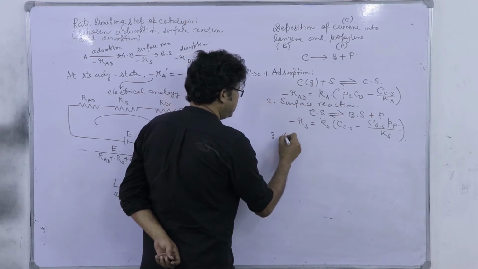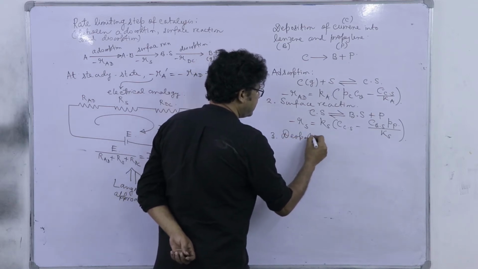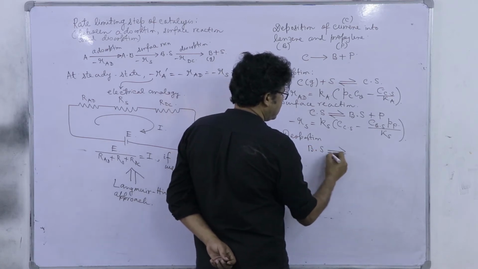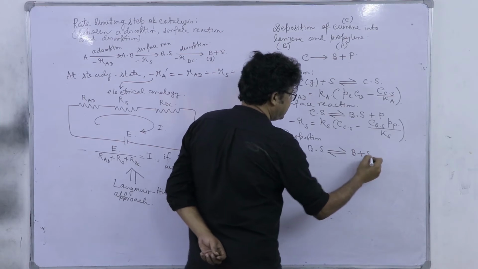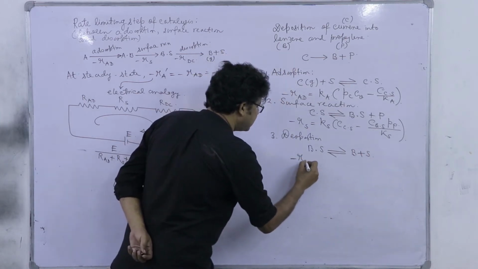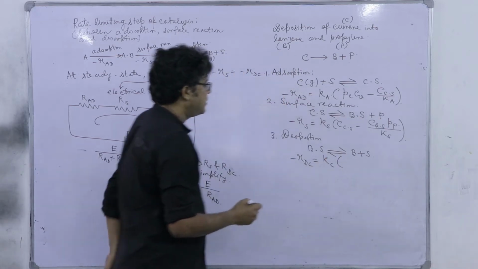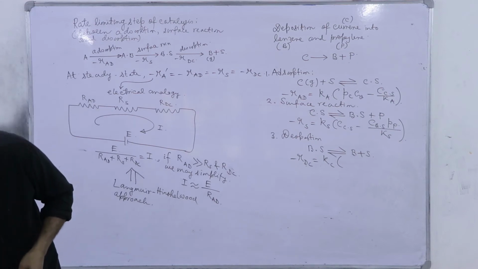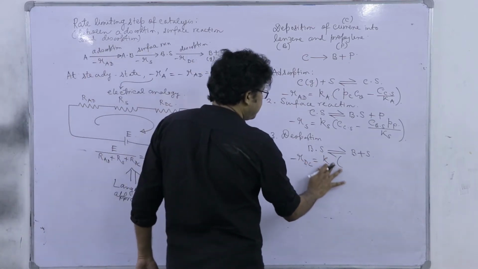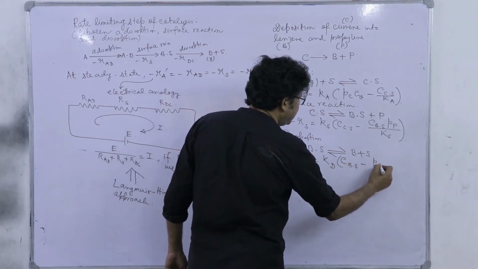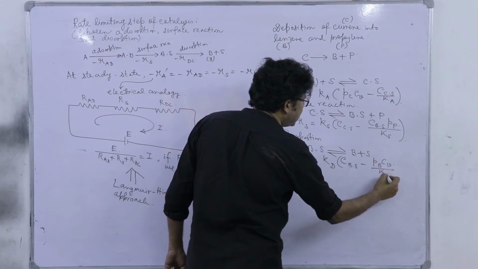And finally, the desorption, B dot S giving B plus S. So, minus of RdC is equal to Kd, C of B dot S minus Pb Cv divided by Kdc.